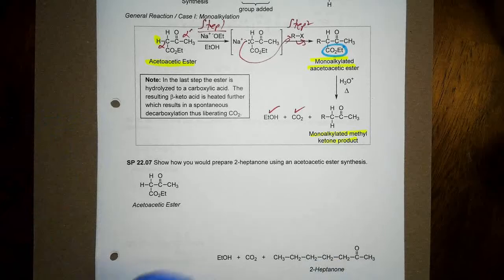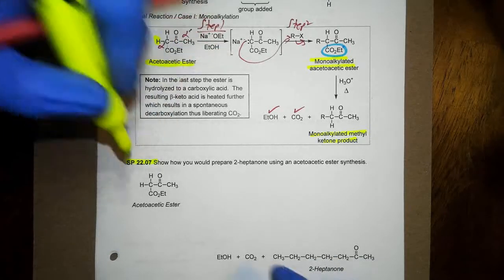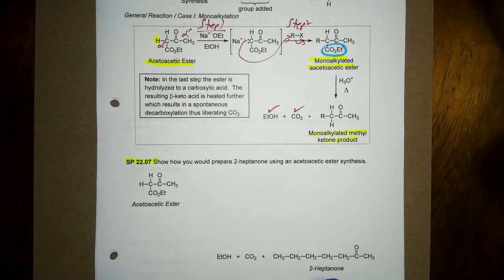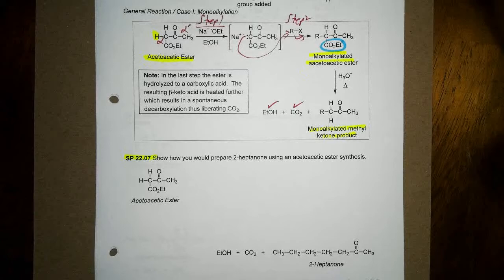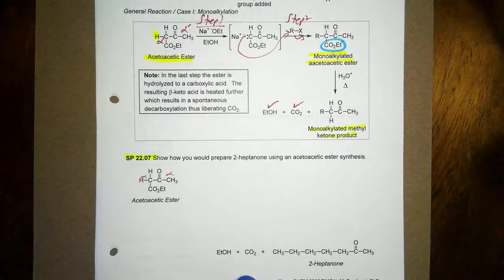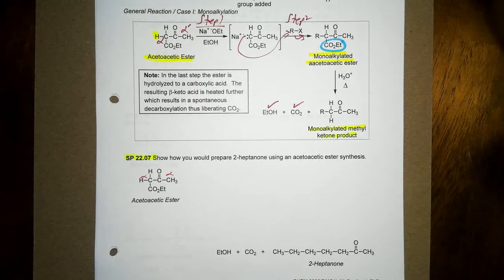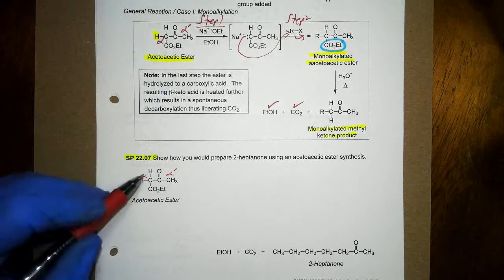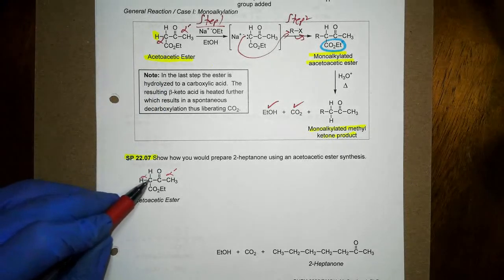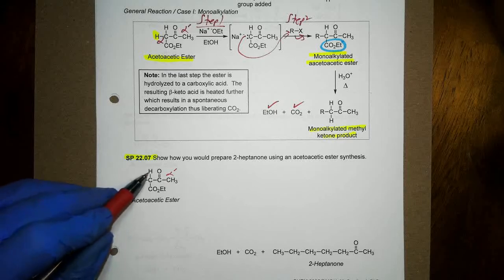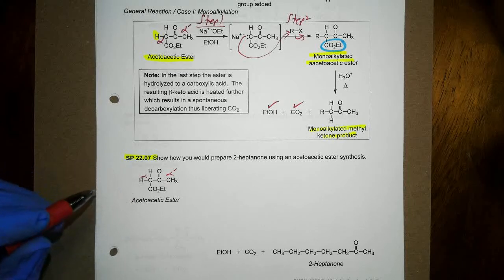So let's do one of these. It says show how you prepare 2-heptanone using the acetoacetic ester synthesis. What Greek letter am I about to sketch? Alpha. Now there's alpha 2, but now which one though has the most acidic hydrogens? Is that one, right? So I'm going to put a prime on this one. Those are more acidic because this alpha carbon has 2 electron withdrawing groups on both sides. It's going to make these protons dramatically more acidic.